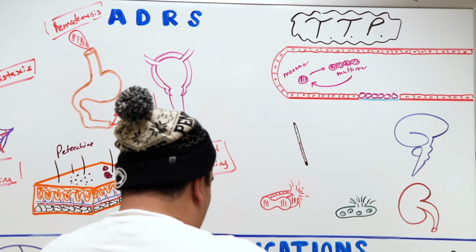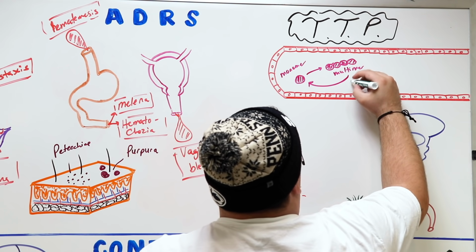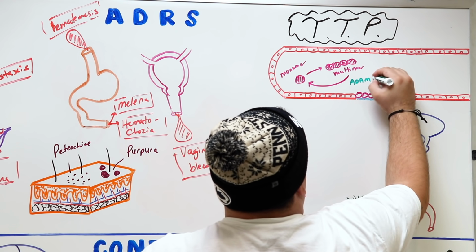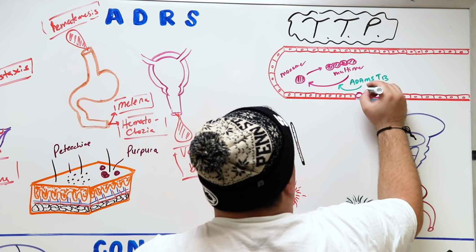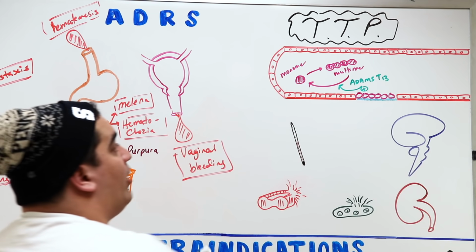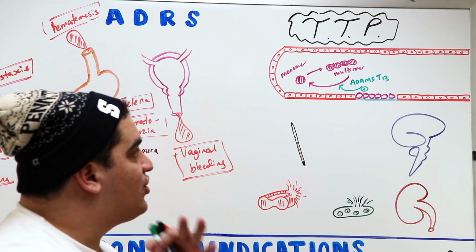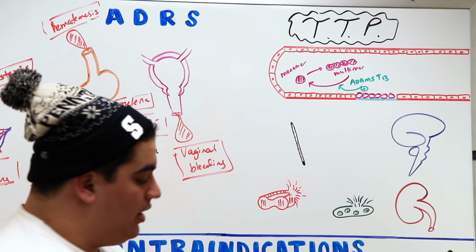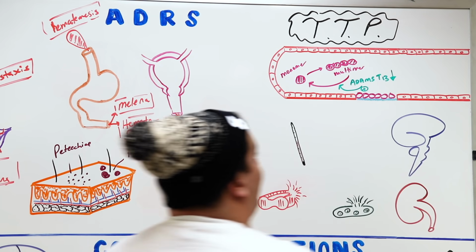And that enzyme is called ADAMTS13. So this enzyme is designed to stimulate the multimer breakdown into monomers. That's important. But in certain situations, there might be a decrease of ADAMTS13.